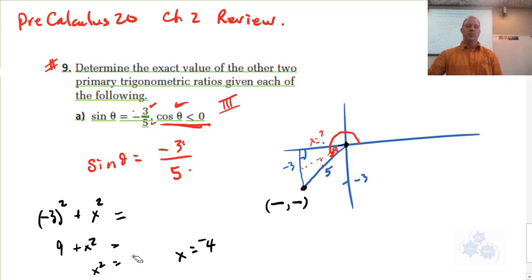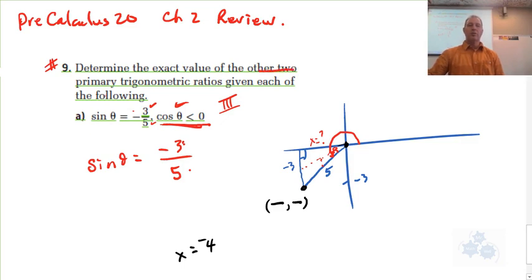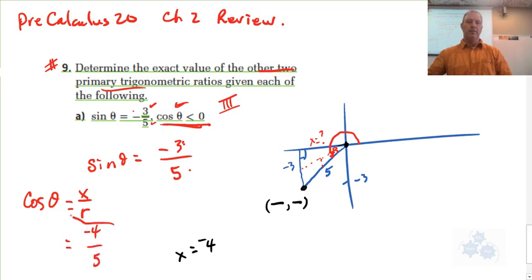Okay, so I'm going to get rid of this. And the question actually says, what are the other two primary trig ratios? So we've got sine. What about cosine now? Well, cosine of theta is x over r, Coxeter, right? So that's going to be x is negative 4 over r is 5.